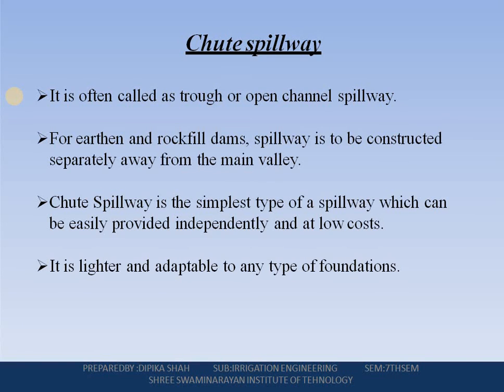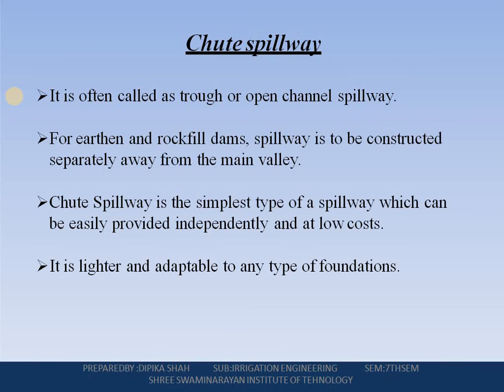So open channel spillway is provided in the following situations, like when it is not possible to provide an overflow spillway or when a valley is very narrow, right? तो हम लोग के अंदर अगर स्पिलवे नहीं प्रोवाइड कर सकते या फिर हम लोग ओवरफ्लो स्पिलवे नहीं प्रोवाइड कर सकते हैं, सो या स्ट्रीम बेड इज एरोडेबल और व्हेन सेपरेट साइड फॉर spillway is not available, then a chute spillway is the one which passes the surplus discharge through a steep slope open channel, right, placed either on the dam abutment or through a saddle.